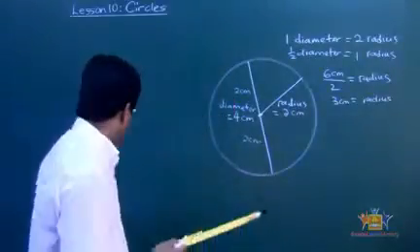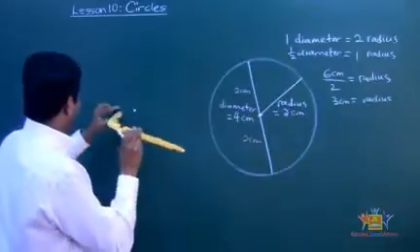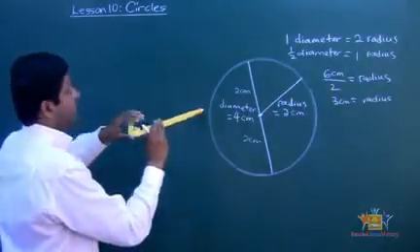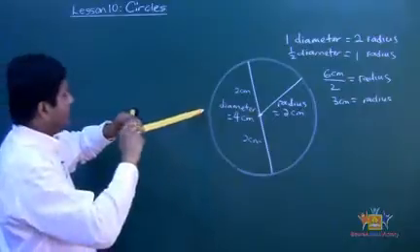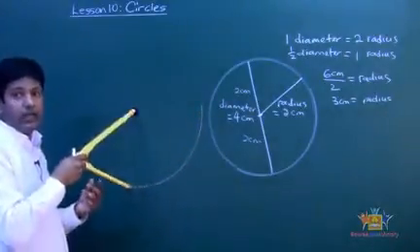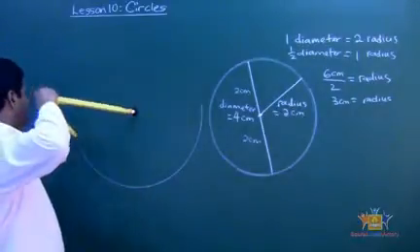Now I put the sharp point of the compass on the center of the circle, and right there, that's the 3 centimeters. Now I rotate the compass, and that creates what? The circumference.